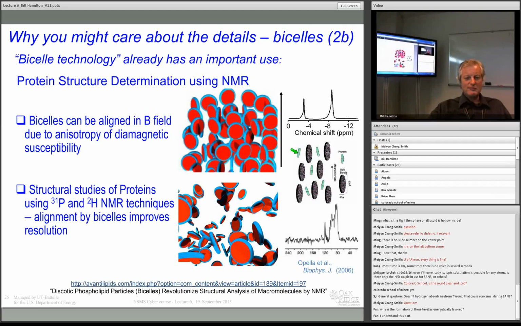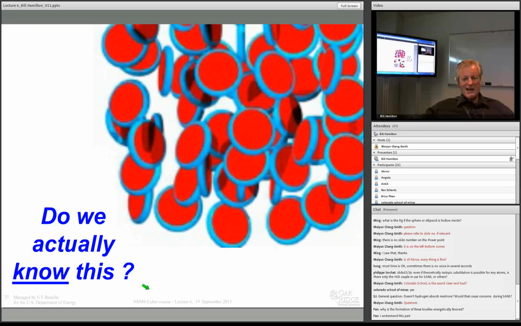Okay, so we asked ourselves the question, do we actually know this? Had anybody actually known this? Yes, it improves the accuracy of NMR results. And yes, the things were probably disk-like, but did anybody really know that this whole idea of rim material, body material was true?